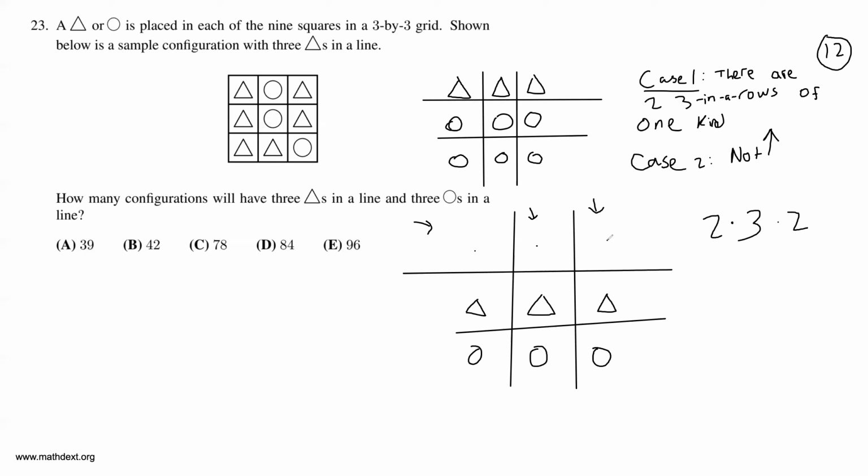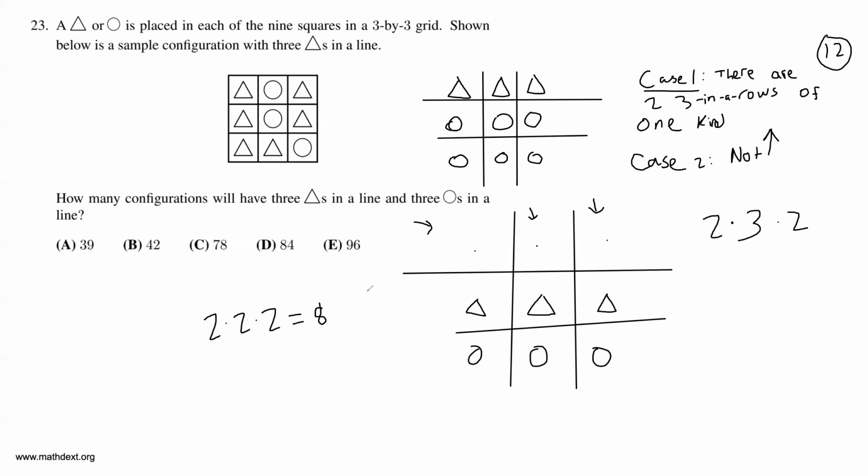But you have to be careful, because if all 3 of these are circles or all 3 of these are triangles, then you've violated case 2. So you're going to need to overcount and then subtract a few things. Disregarding the restrictions, there are 2 ways to choose the first box, 2 ways to choose the second box, and 2 ways to choose the third box, for a total of 8.